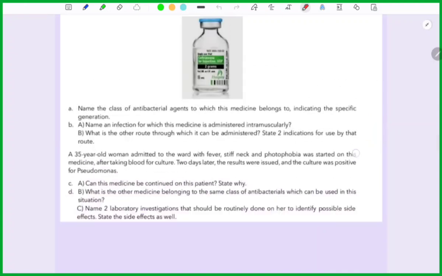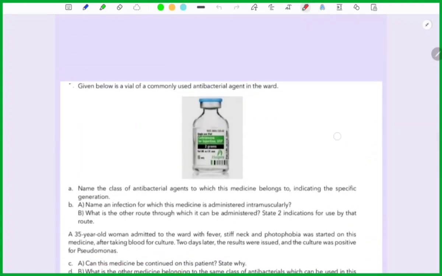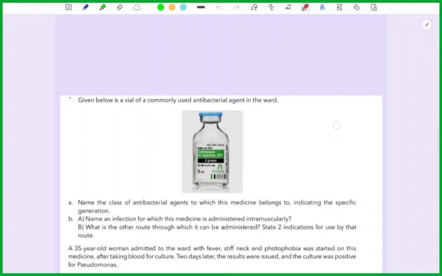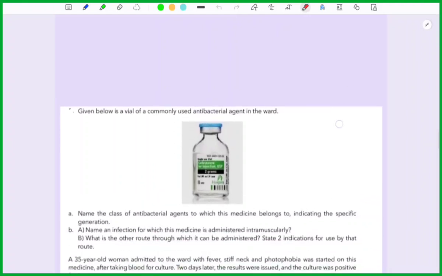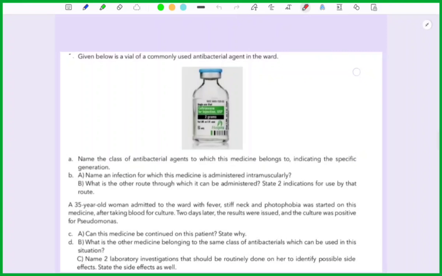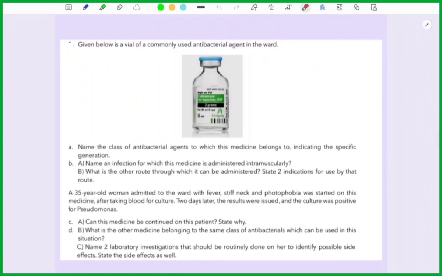That is about cephalosporins, mainly ceftriaxone. Okay, thank you very much.